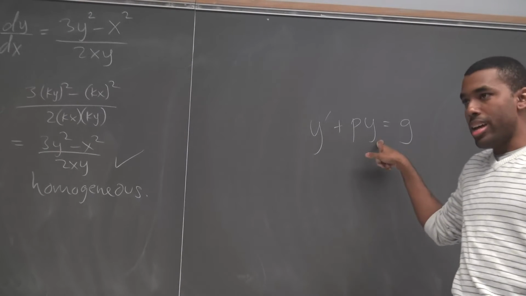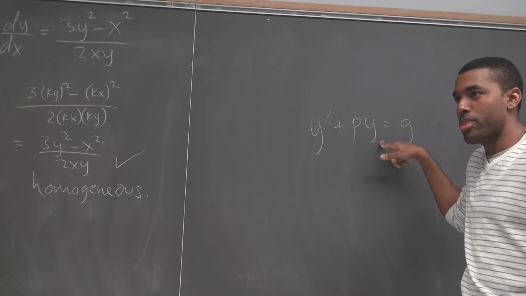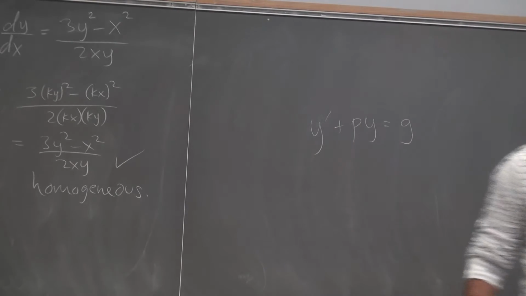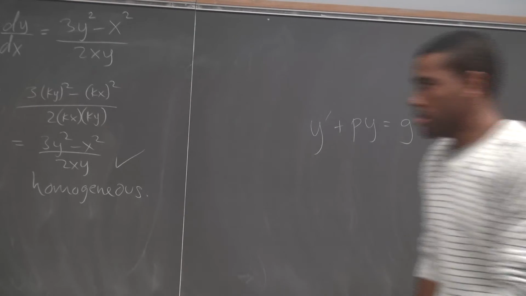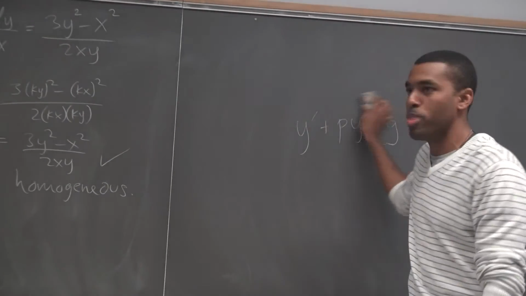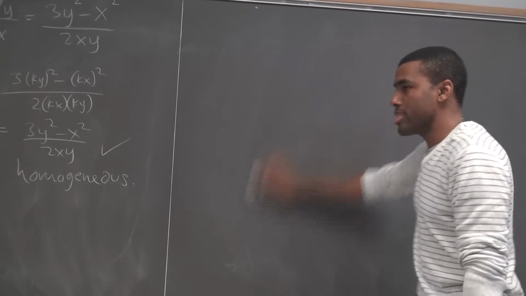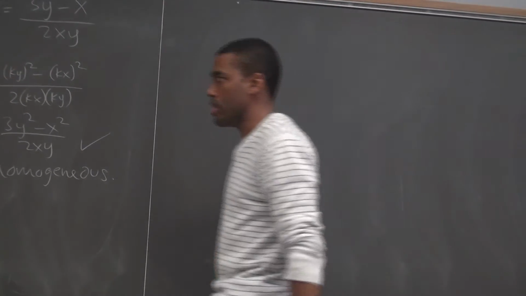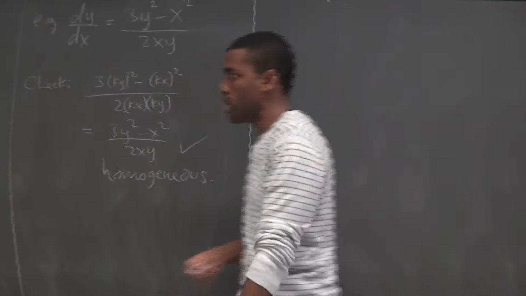If you can write it like this, it's linear. You find the integrating factor, multiply it through, and it turns the left side into a product rule. We're not blindly doing things here. We have to learn the thought process, because I'm going to give you a bunch of ODEs to solve, and I'm not going to tell you what technique to use on which. So keep in the habit of knowing how you want to approach these things.